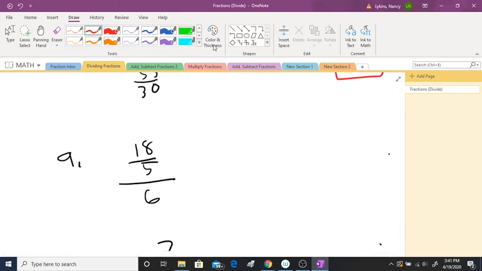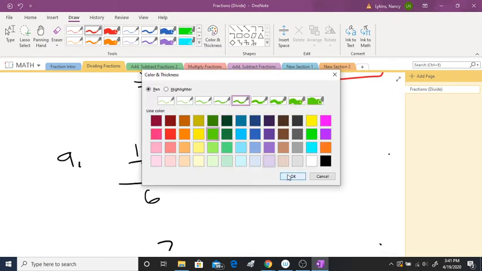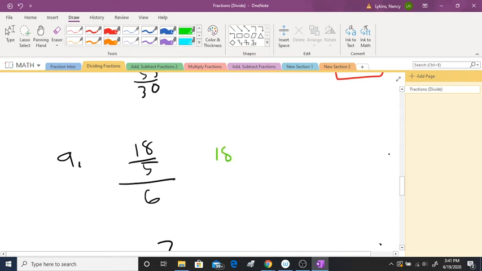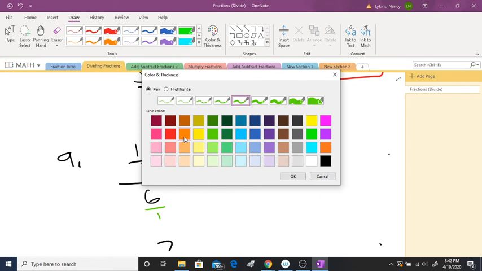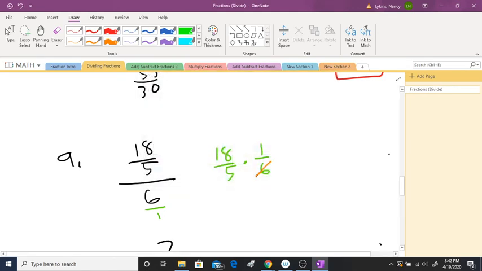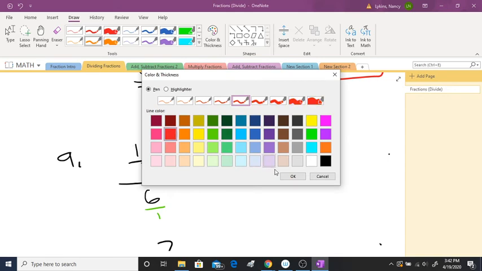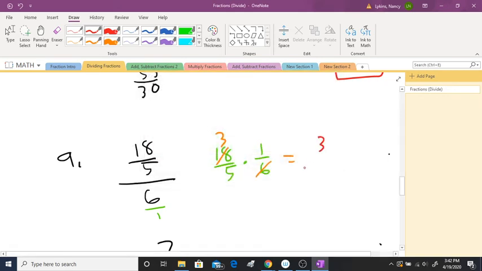Moving on. Now, what about if I have 18 over 5? Remember, make that 6 over 1. So now I can go ahead and make it a multiplication and flip the fraction. And now I can kind of back myself up and say 6 goes into 18 3 times. So my answer is going to be 3 times 1 is 3 over 5, which is 3/5.